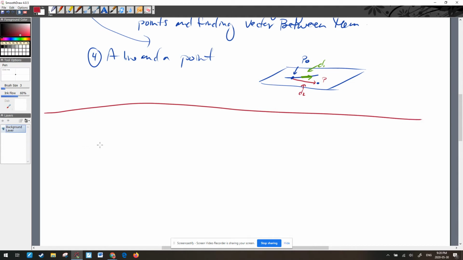So what I'd like you to do is, given the line, and I'm going to give it to you in a different form, how about (x minus 7) over 3 equals (y plus 2) over 4 equals z over 5. So there's the line.